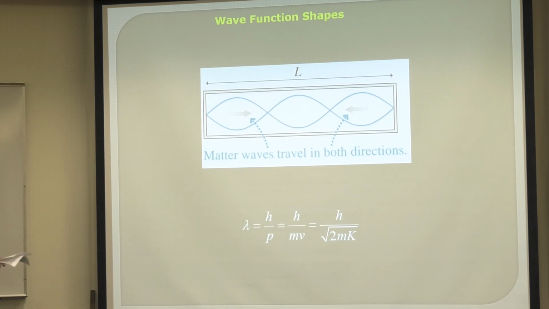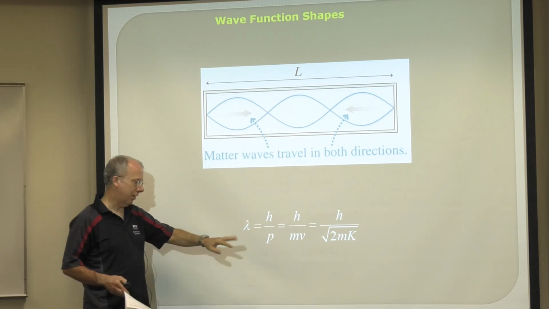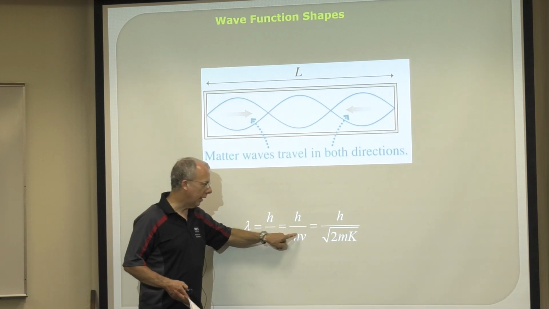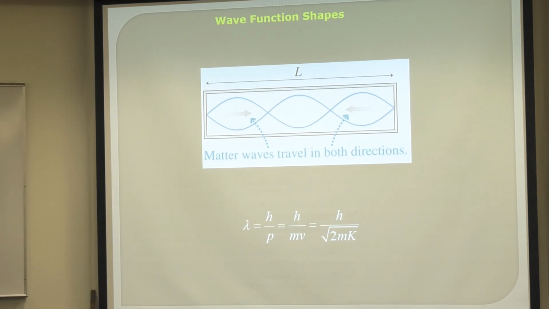Okay, here's another kind of hint that's going to help us guess the wave function. So let's think of a bound state wave function as a de Broglie standing wave. And we've done this before. All right? So here's the de Broglie wavelength. I changed it a little bit. So lambda is h over p, which is h over mv, which is h over the square root of 2mK. Let me prove that. So kinetic energy is 1/2 mv squared.